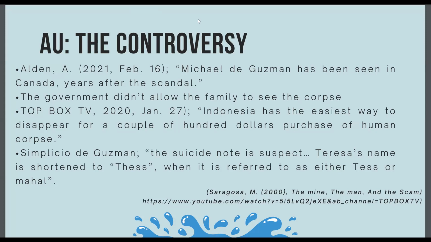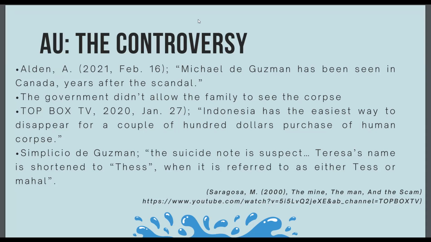Okay. So, ano po yung mga controversy? Sabi sa isang article made by Alden, Michael De Guzman has been seen in Canada years after the scandal. Sabi naman dahil nga po na hindi inaalaw nung government na ipakita yung katawan ni Michael De Guzman dun sa family, marami nag-speculated ng conspiracies na hindi daw si Michael De Guzman yun.